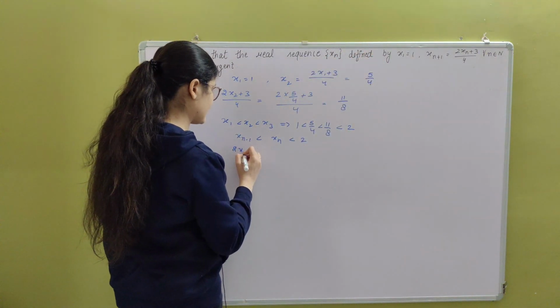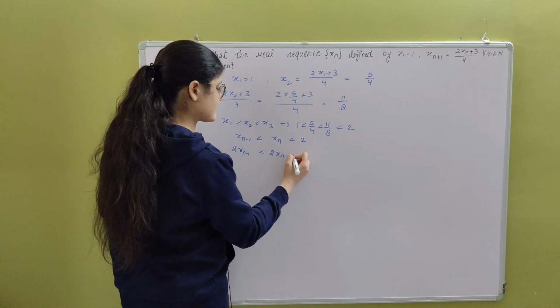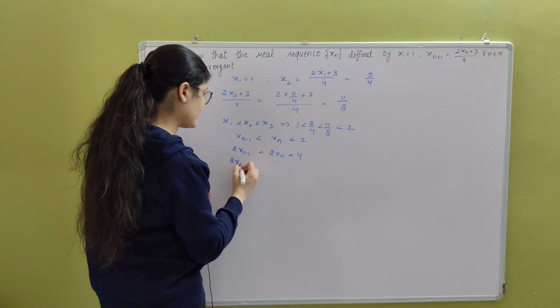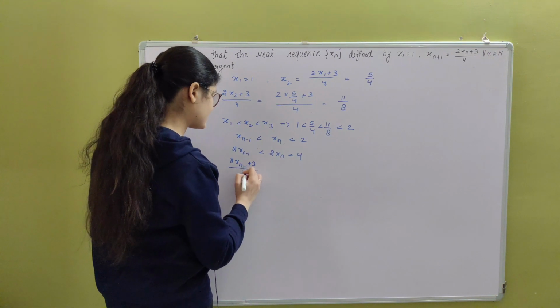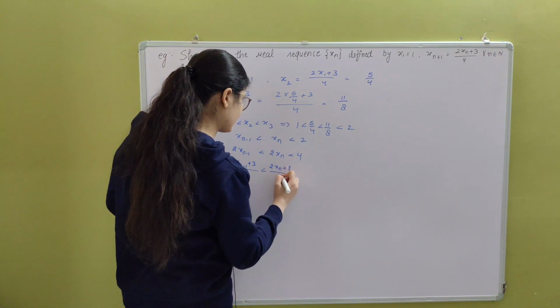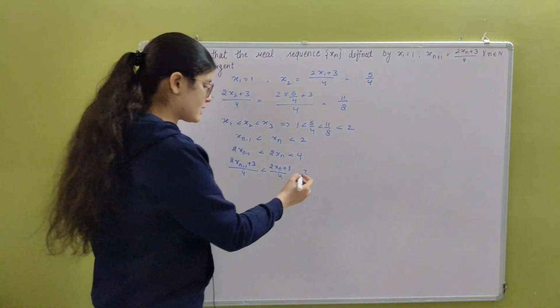That means 2x(n-1) is less than twice xn, which is less than 4. Now add 3, and let's divide it by 4 as well. So (2xn plus 3) divided by 4 is less than 7 by 4, which is again less than 2.